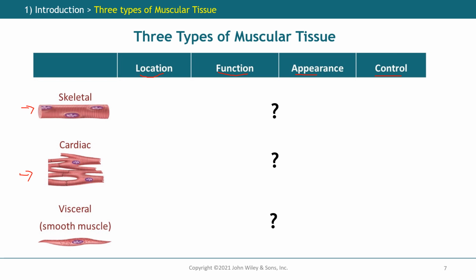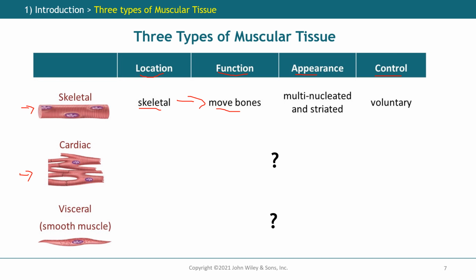So the skeletal muscle, the location is surrounding the bones, and in that way they can be in charge of the movement of the bones and the entire body. And if you see the appearance, here you see one nucleus in the one cell. Here you see a second one, so it will be two. And here you can clearly see the third one. So you have a multinucleated cell.